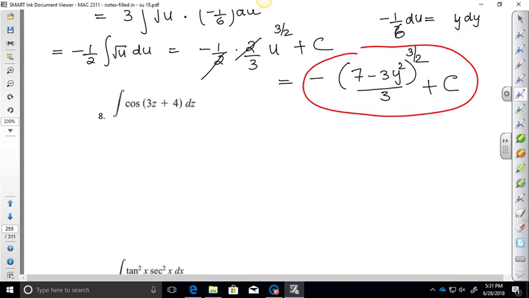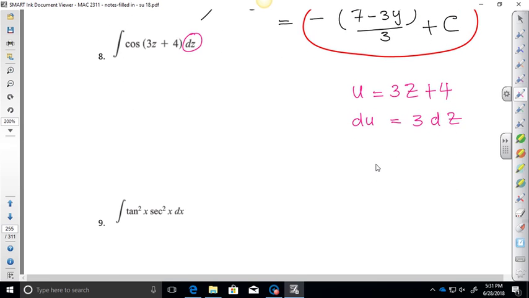What is the inside function? 3z plus 4. So u equals 3z plus 4. What is du? Du is 3dz. But all we have is dz. So what do I do with that 3?